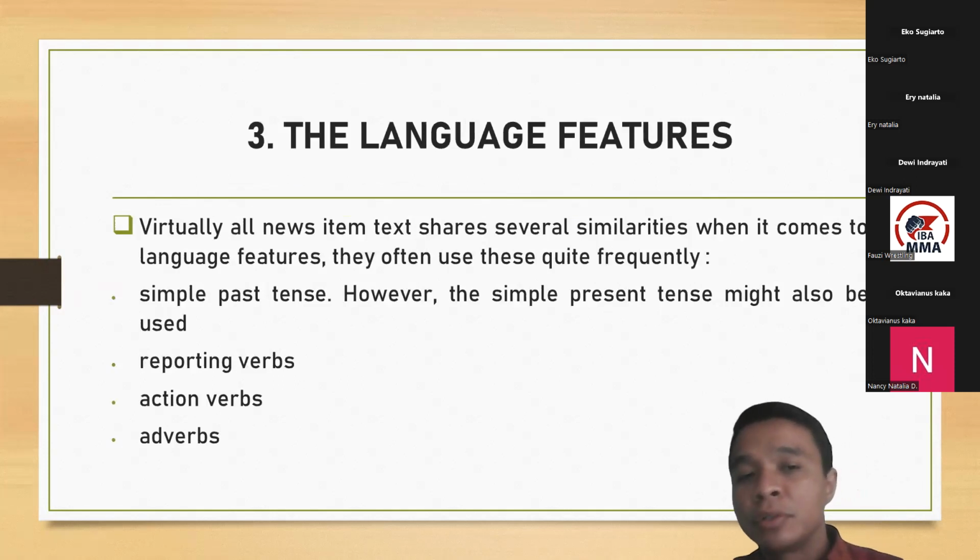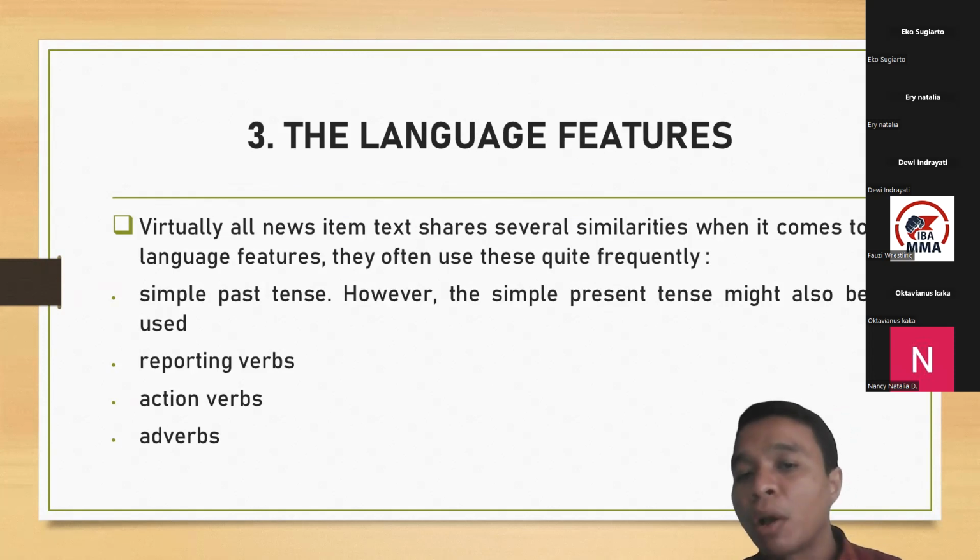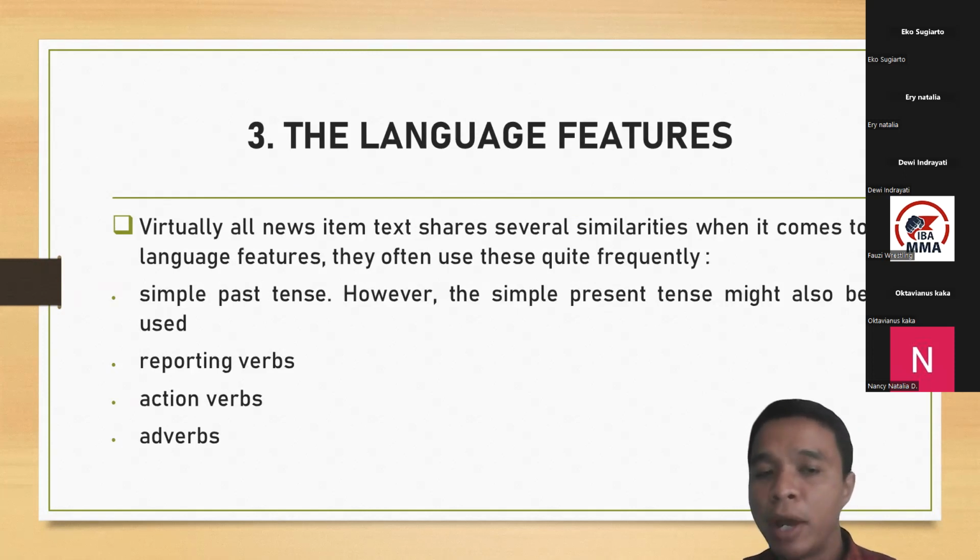Okay, let's turn to the next discussion about the language features of the news item text. Virtually all news item texts share several similarities when it comes to language features. They often use these quite frequently. The first one is simple past tense.